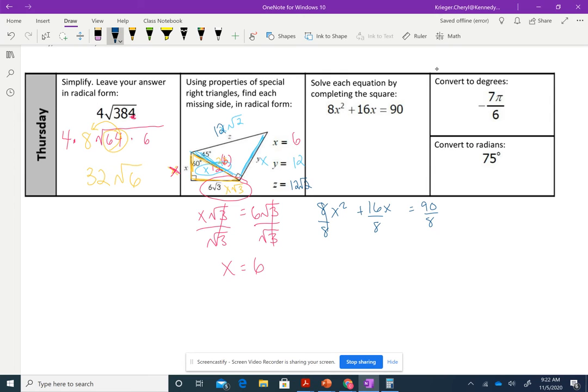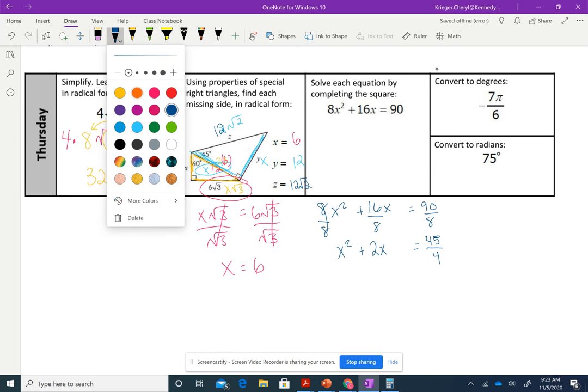So I have 1x squared plus 2x equals 90 divided by 8, which I'm just going to simplify to 45 over 4, because I'm just dividing both sides by 2. Usually if it's able to be reduced, we want to, right?